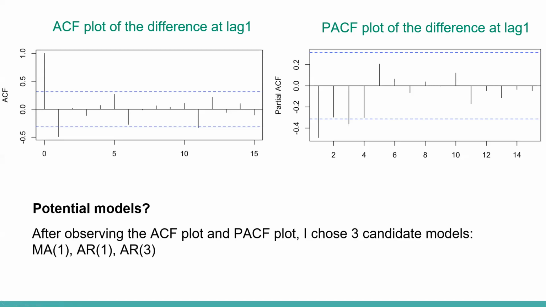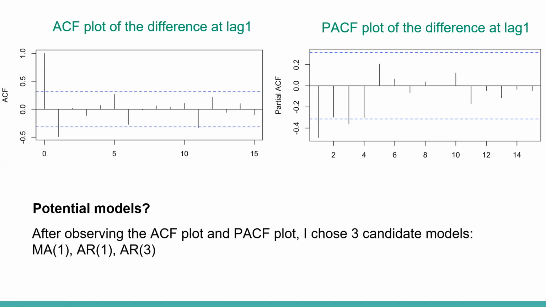Now if that really happened, then if you take a look at the partial ACF right here, for the case of an autoregressive model, we expect that something should cut off at a particular lag, right?